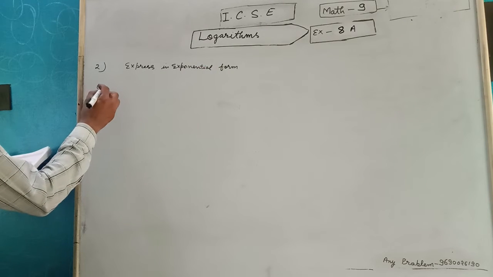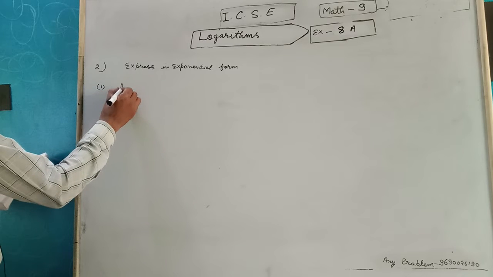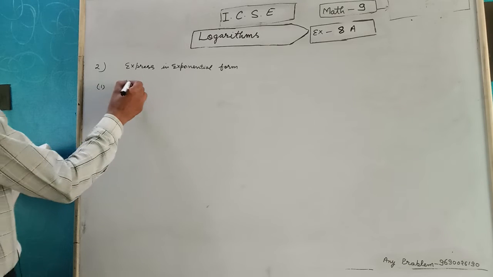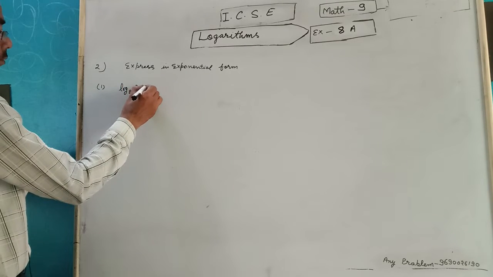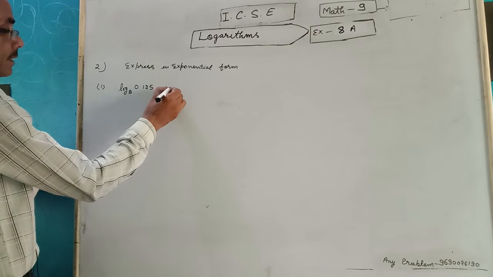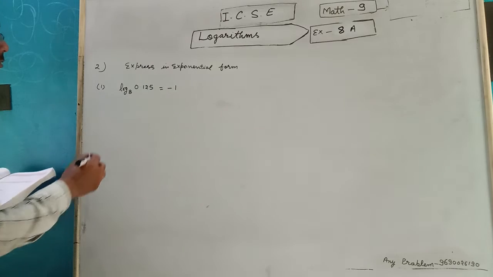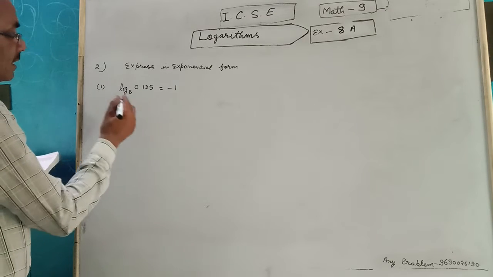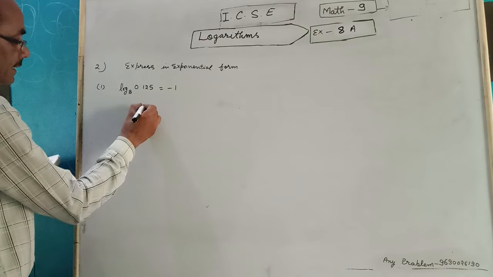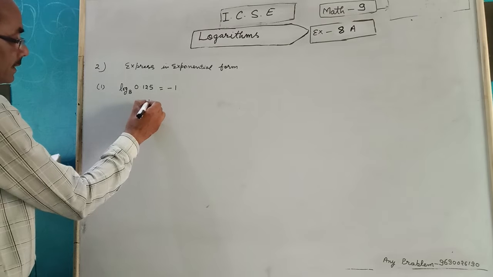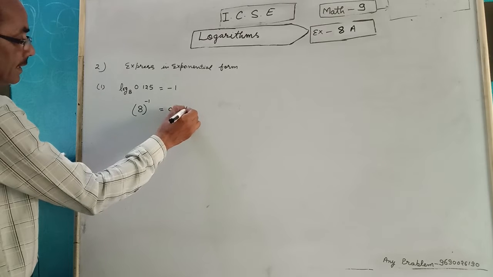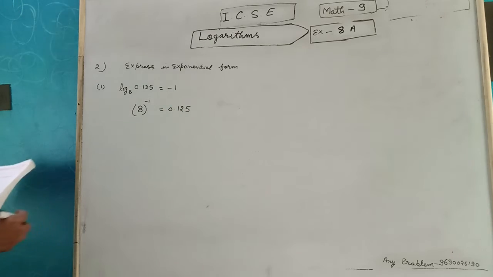First part is log on base 8, 0.125 is equal to minus 1. So you write the exponential form is base, power write here and value right here. That is exponential form.